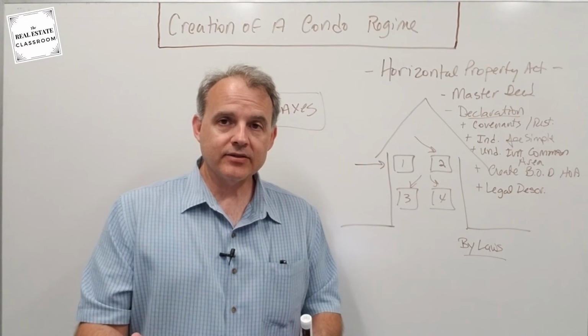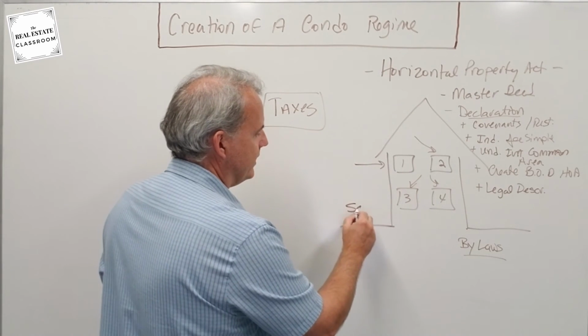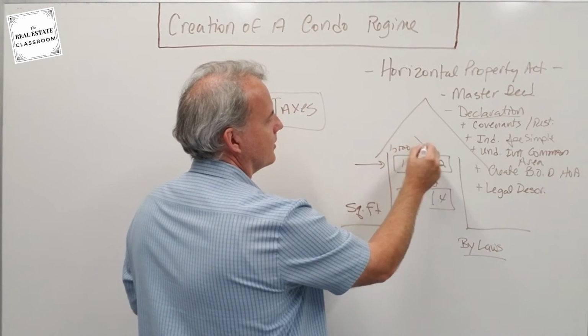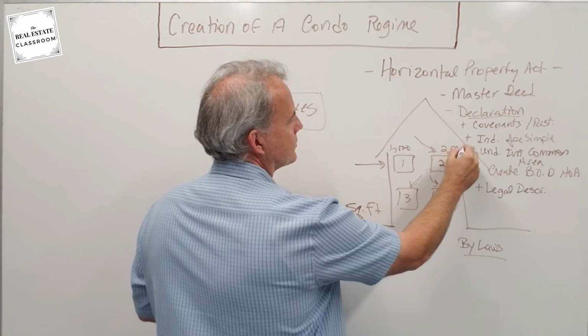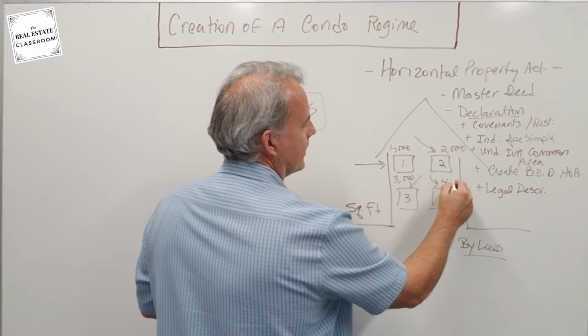And how much tax is going to be assessed? Well, it's going to depend on the square footage of each unit. So let's say unit number 1 has 1,000 square feet, unit number 2 has 2,000, unit number 3 has 3,000, and unit number 4 has 4,000.